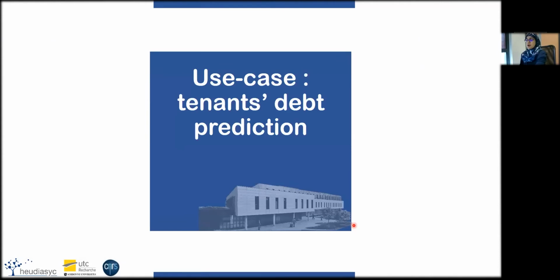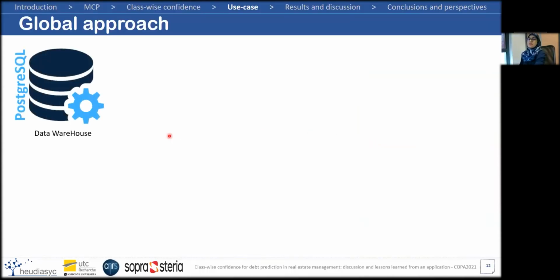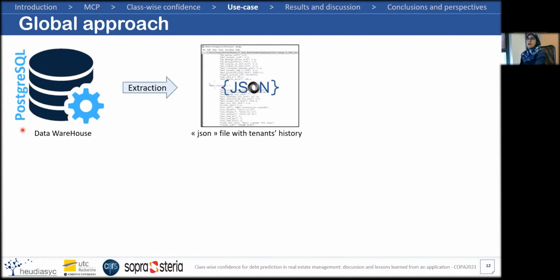So let's go a little more into details for our use case of tenants' debt prediction. The global approach was first to work with our data warehouse that was provided by the company that we worked with, which is Soprasteria. Then we extract a JSON file with the tenant's history over 2 years, approximately 21 months.